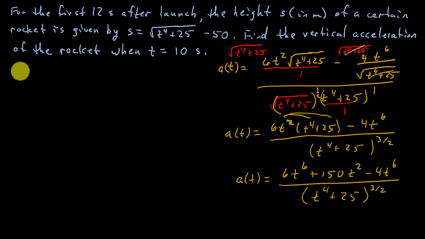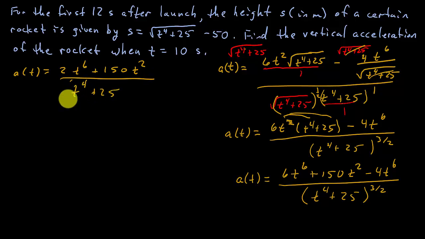All right, so let's come up here. So we've got a of t equals, so that's going to be what? 2t to the sixth plus 150 t squared over t to the fourth plus 25 raised to the 3/2.